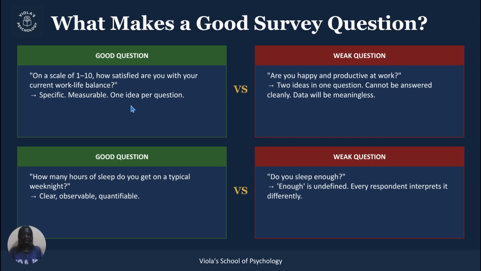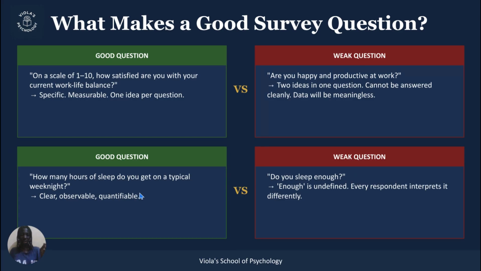Okay. Yeah, so a good question also is very, very clear. It's also very observable and quantifiable. So an example of that would be like on a scale of 1 to 10, how satisfied are you with your work life balance?